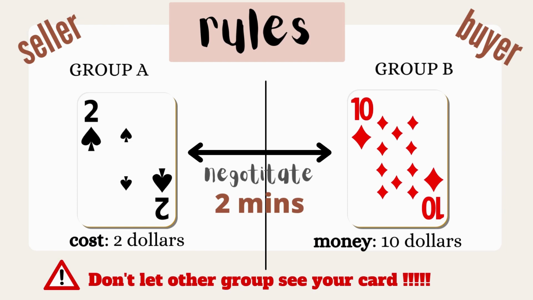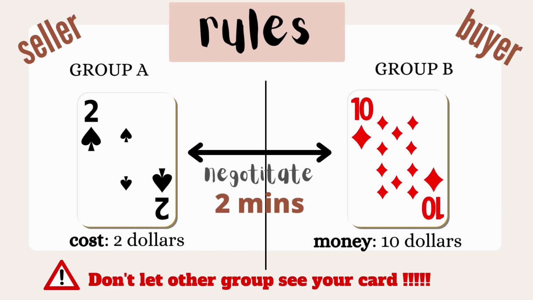And in contrast, if you pick up a red card, that means you are a buyer and the number of the card represents your money. For instance, if you pick up red 10, that means you're a buyer and you have $10 to buy things. So, in the negotiation, both groups should try to make a profit.